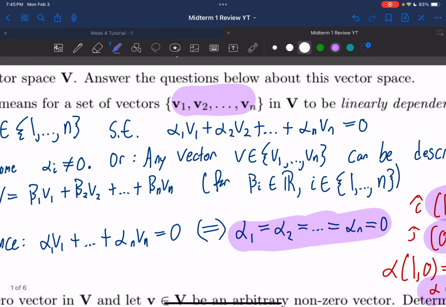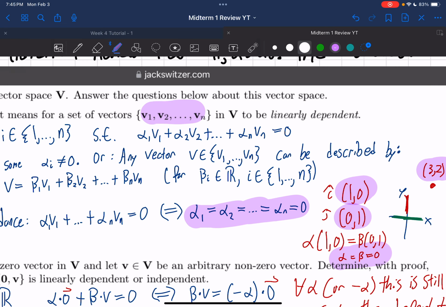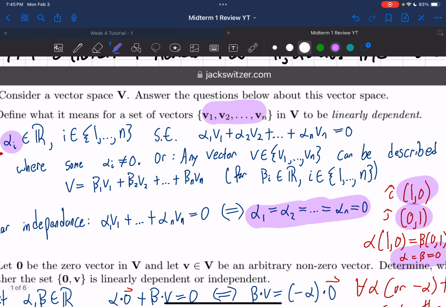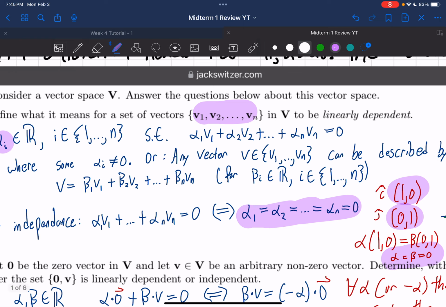And these alphas are going to satisfy an equation, which is alpha 1 times v1 plus alpha 2 times v2, added all the way up to alpha n times vn is equal to 0. Essentially, if we can find one single alpha that's non-zero, just 1 is fine. Generally, it'll be more. Just 1 is fine. If you can find one of these alphas that's non-zero, that means you have some notion of dependence.